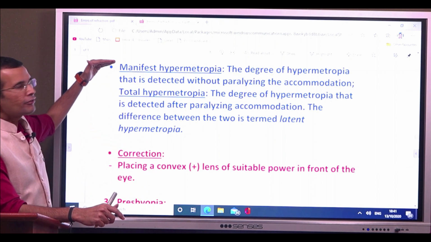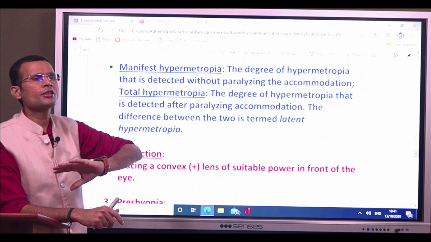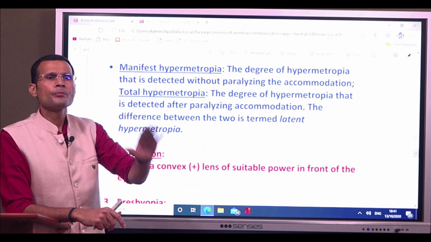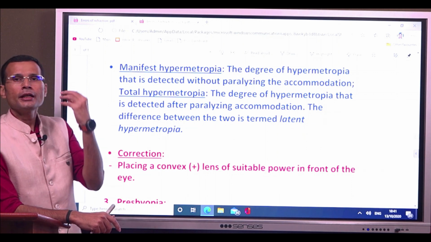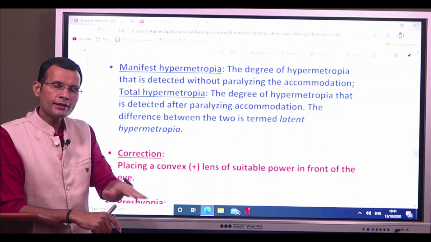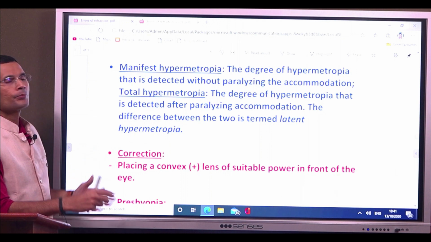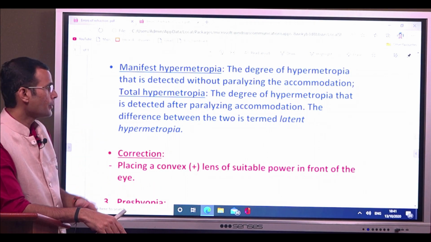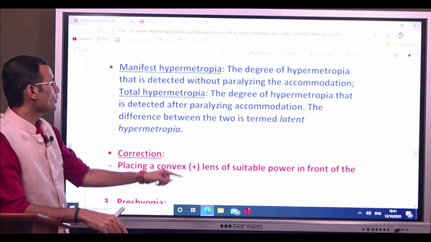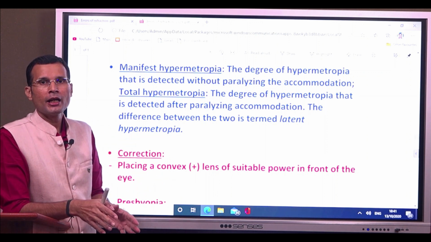So manifest hypermetropia is seen clinically without paralyzing the accommodation, then instill the drug in the eye to paralyze the accommodation, and then the degree of hypermetropia will be called total hypermetropia, and the difference between the two is called latent hypermetropia.